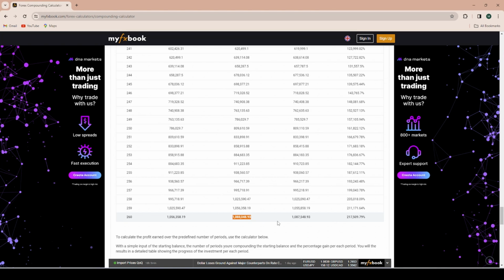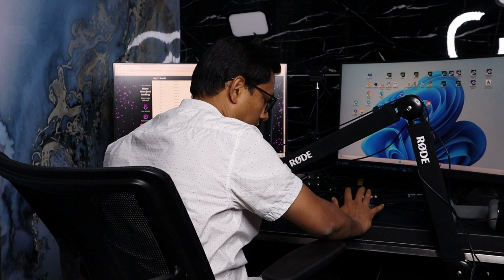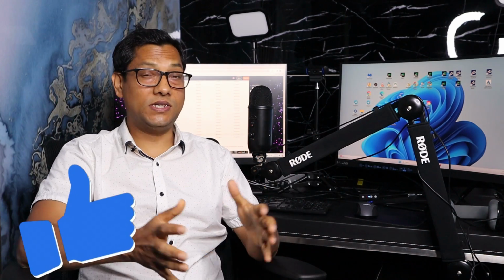Now let's find out how you can do that. What are the steps you can take to grow a smaller account into a bigger account? Now you have seen the power of compounding, how much you can grow a very small account into an unbelievably bigger account. You might say, okay, it is easier said than done. It is possible, guys.